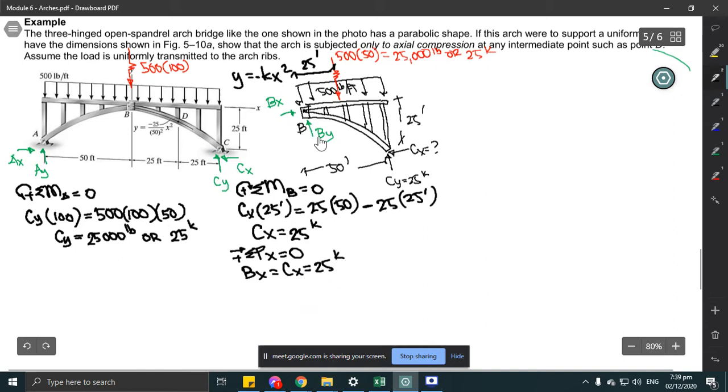And to solve for By, ganun lang din, just take summation ng forces ng Y para mahanap si By. Lahat ng pababa is positive. So, 25 kips, minus 25. So, the value of By will be equals to 0. Okay? So, hindi pa dyan tapos.